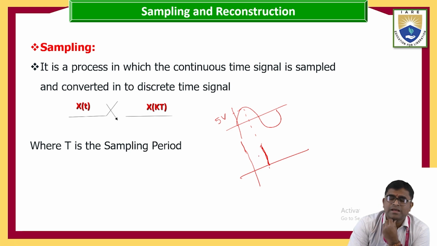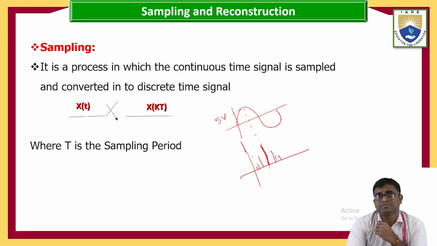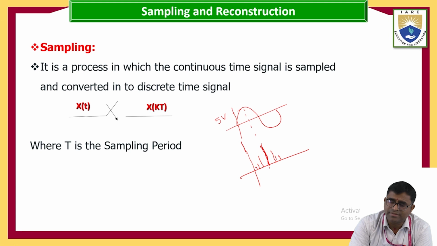Next I take another sample, which is 4 volts, then 3 volts, 2 volts, 1 volt, like this. These lines are called samples.